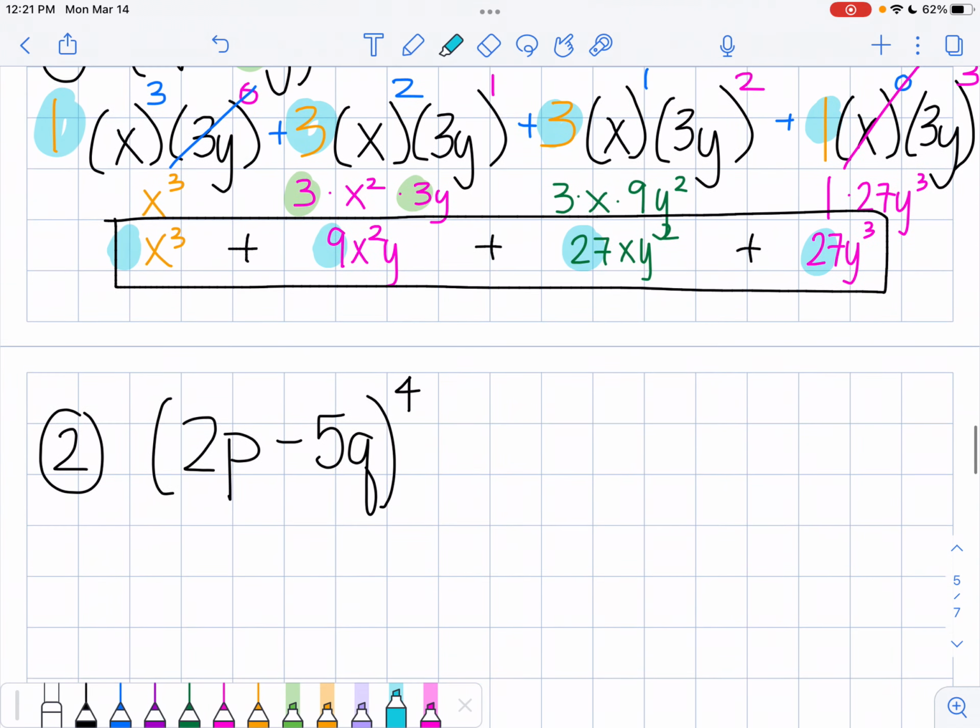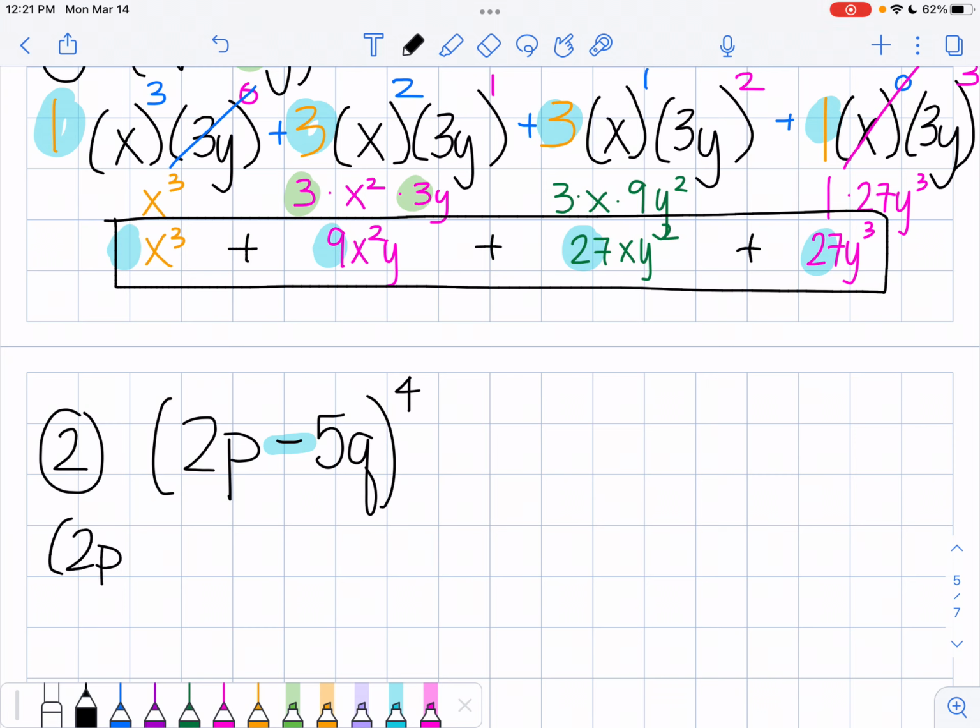Okay, if we did another one, now I put a coefficient in front of each term in the binomial, and we're going to pay attention to that this is a subtraction, so I want you to see how this changes it. Because I'm raising it to the 4th power, I'm going to have 5 groups. So I'm going to write this out.